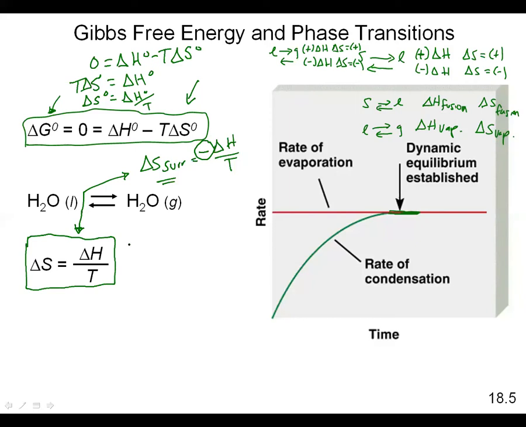So if we were doing this for our phase change going from liquid to gas, for example, we would use our delta H of vaporization for water, which is roughly 2260 joules per gram. And going in that direction, it would be positive, and that would get us a positive value for delta S in that case.